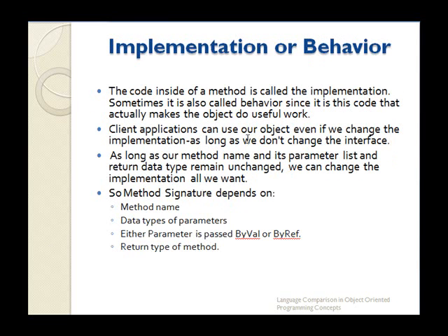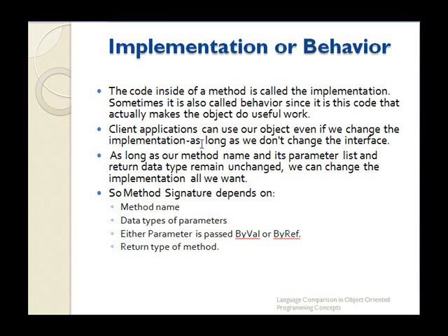First, we are going to talk about implementation or behavior. The code inside of a method is called the implementation. Sometimes it is also called behavior, since it is this code that actually makes the object do useful work.